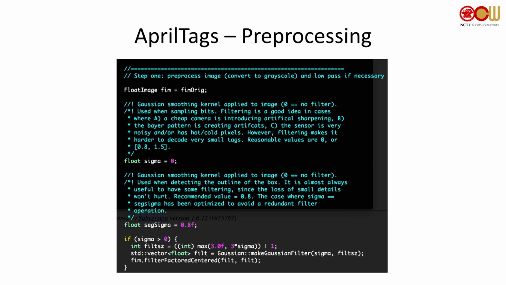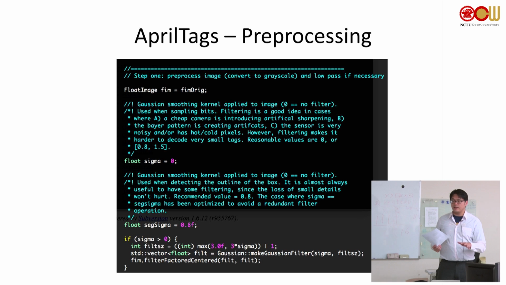So the first step is about pre-processing. Step 1, pre-process the image, convert to grayscale, and low pass if necessary. Also see the comments. The pre-processing tries to smooth and get rid of some noise. The Gaussian smoothing kernel. Are you guys familiar with the Gaussian smoothing kernel?